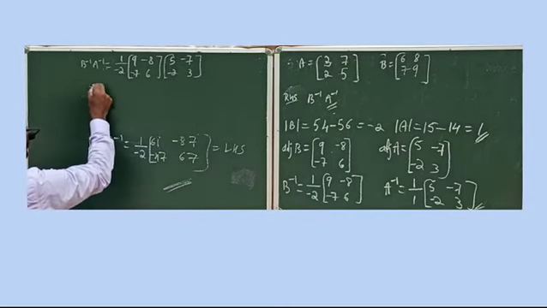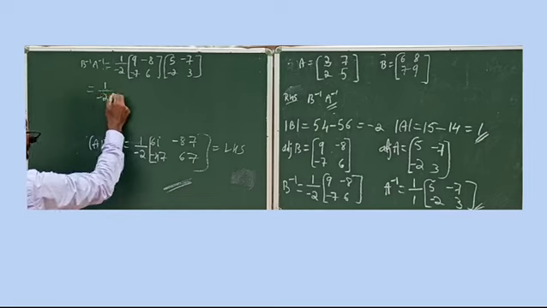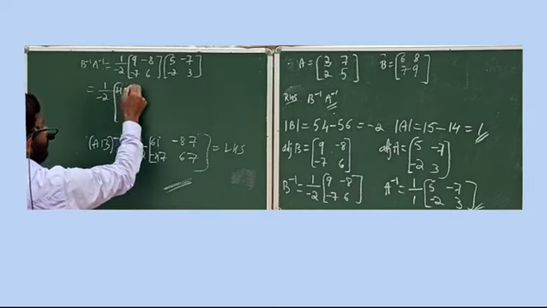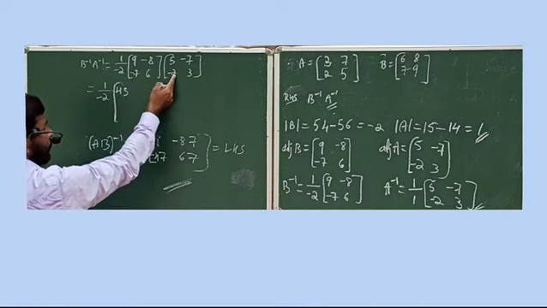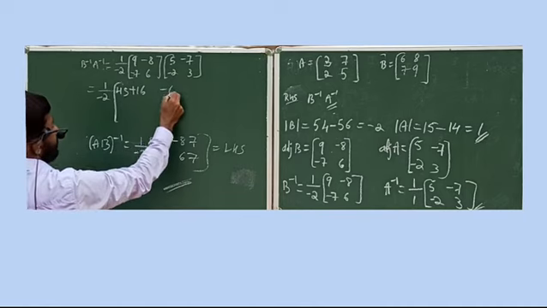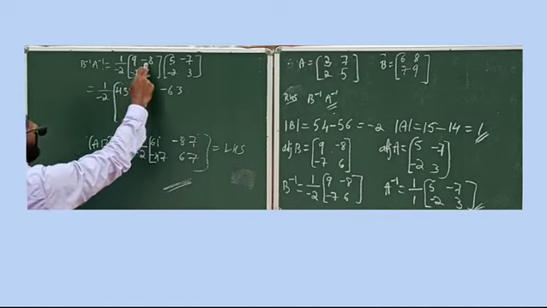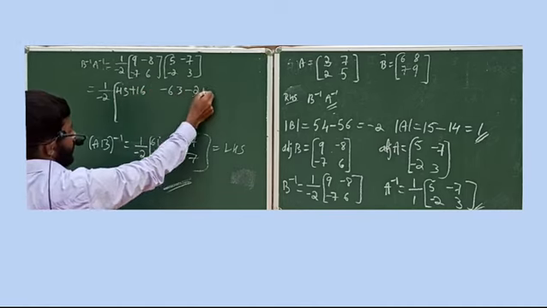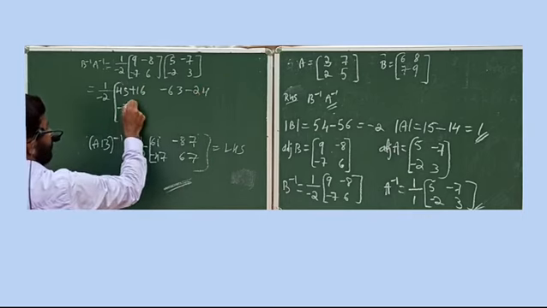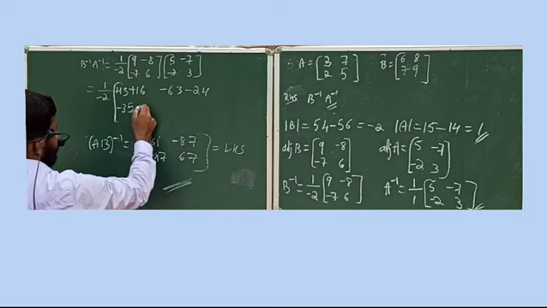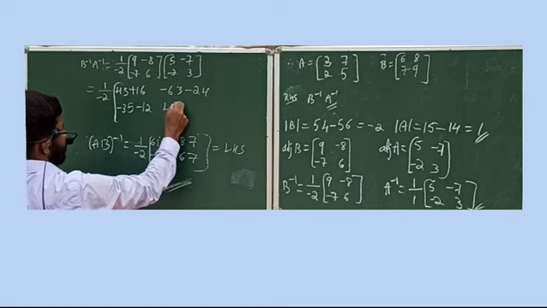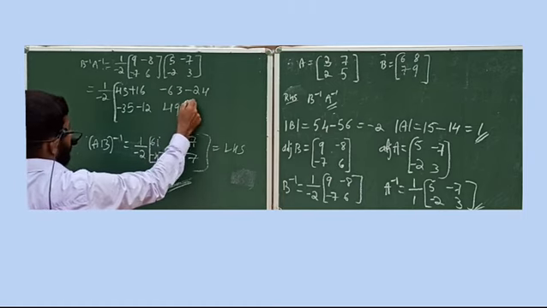Keeping 1 by minus 2 outside only, 9 5s are 45, minus 8 into minus 2 is plus 16. 9 7s are minus 63. Then minus 8 into 3 is minus 24. Minus 7 into 5 is minus 35. 6 into minus 2 is minus 12. Minus 7 into minus 7 is plus 49. 6 3s are plus 18.